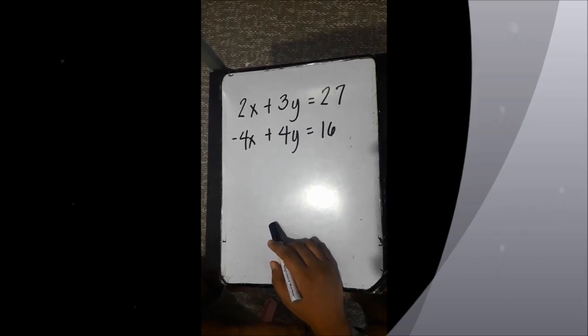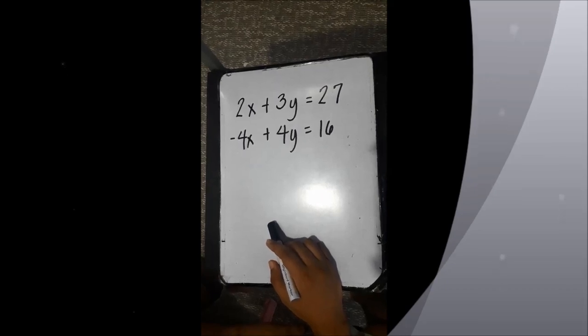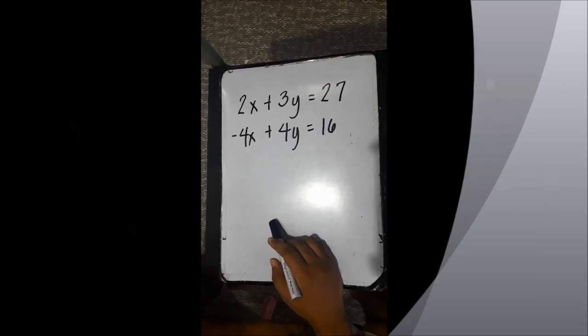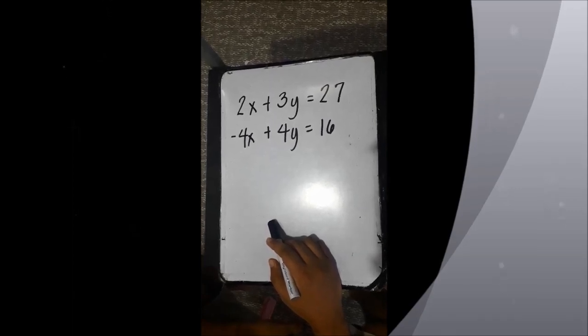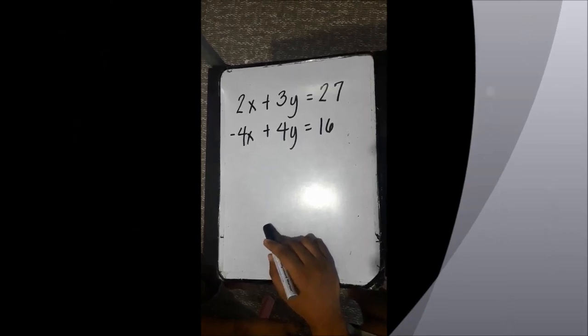Those three methods usually take some time before someone can arrive at the solution set or the values of x and y. Now I'm going to present to you a shortcut, and here are the steps.